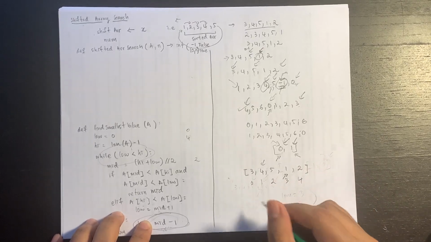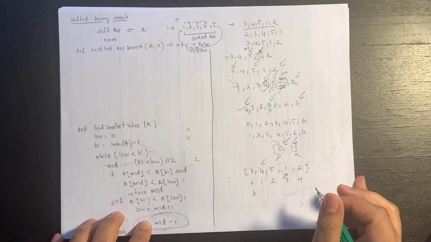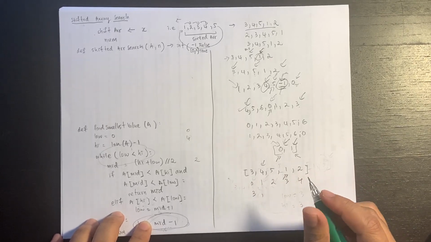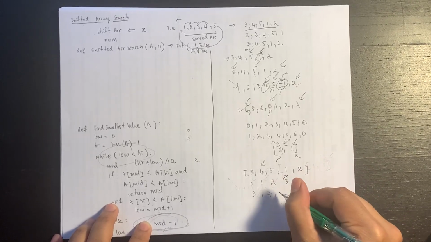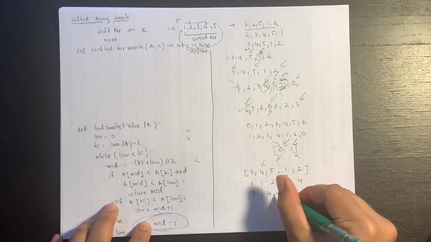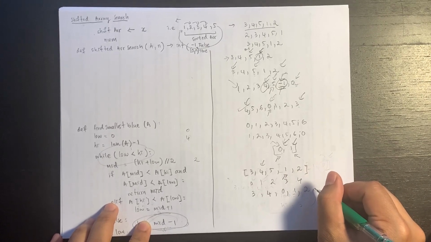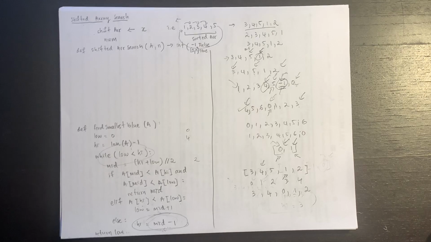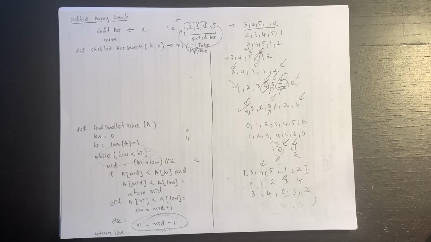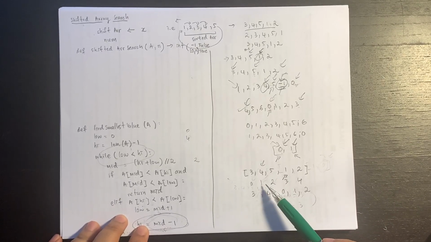We need to think of it like this, to use a binary search. So how do I convert 0 to 3?